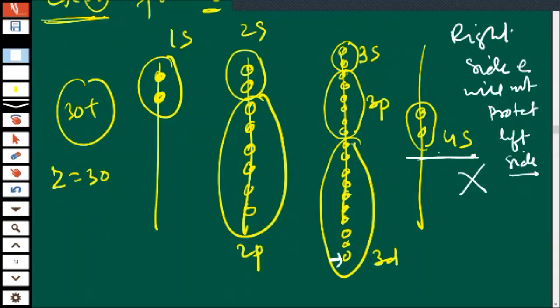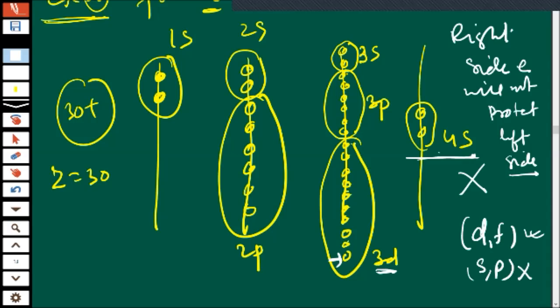In 28 electrons, one is the patient, so 27 will protect. Now see, the rule says that this is the case of D and F. It is not of S and P group. So there is a different rule for SP and a different rule for D and F. So now it is D and F.